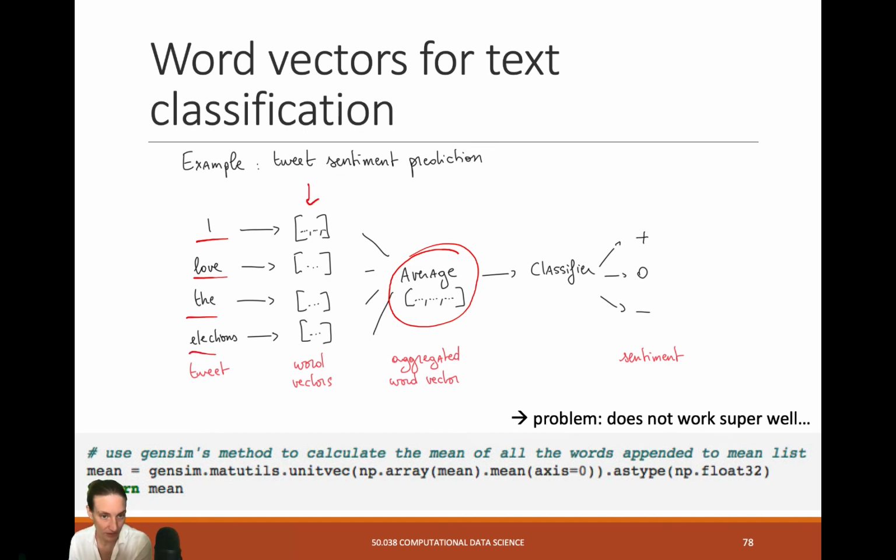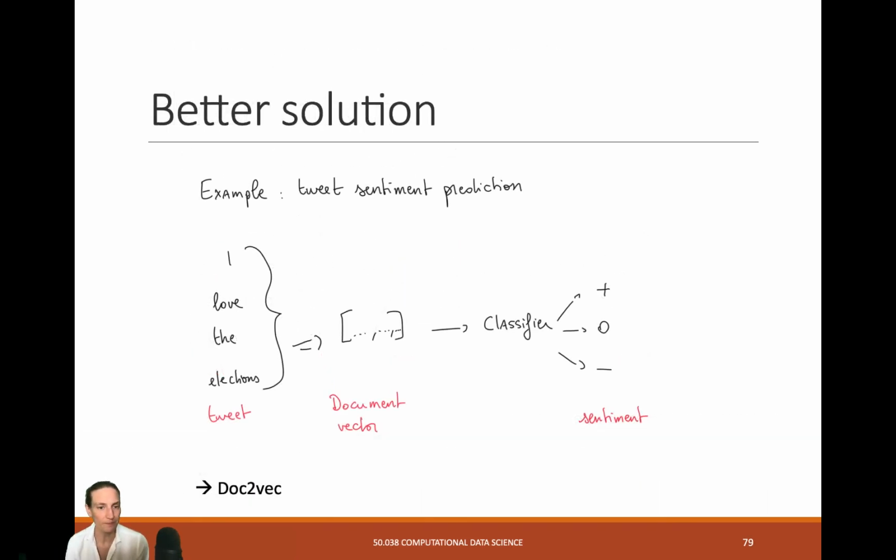Now they're all vectors. We average these vectors to get the average position of this tweet in our embedding space, and then we classify. It's a very basic approach, and it does not work super well all of the time, yet a lot of people still use it. A slightly better solution would be to use something called document vectors.